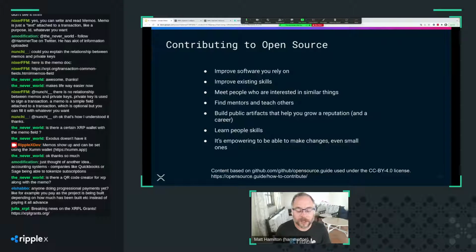Meet people who are interested in similar things. I mentioned the meetups. You can meet virtually or face-to-face with people and talk to them about other things they're interested in as well. Find mentors and teach others. Again, this is a great thing, and this happens a lot on the Discord channel as well. You can help other people achieve what they're trying to do.